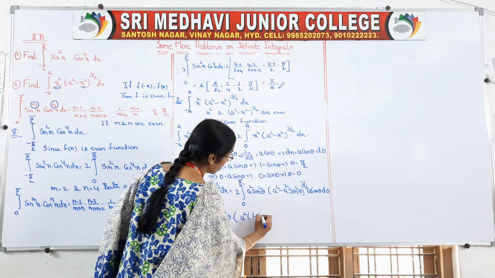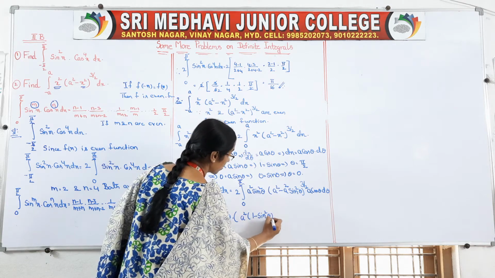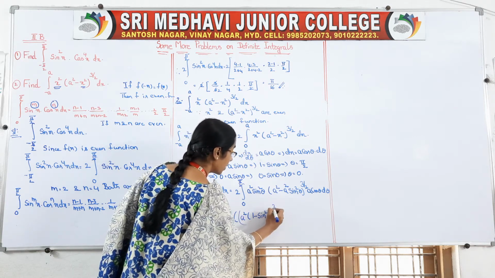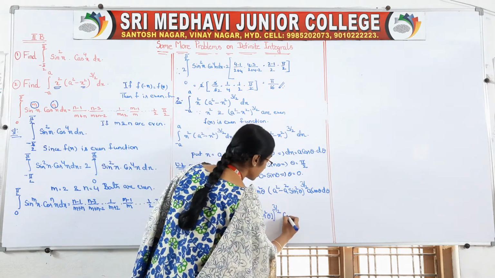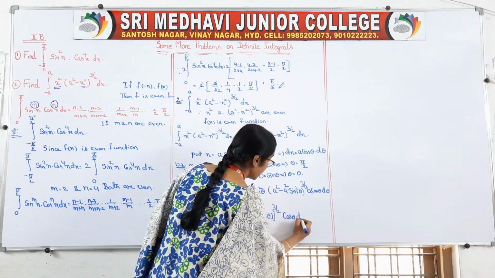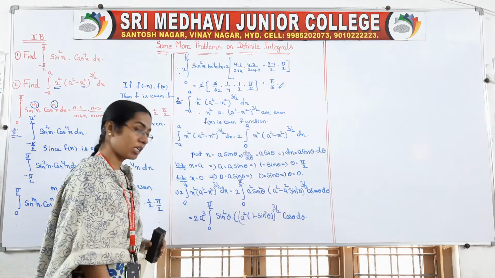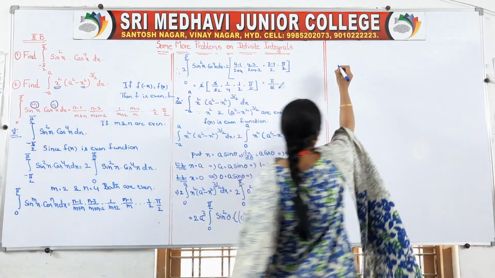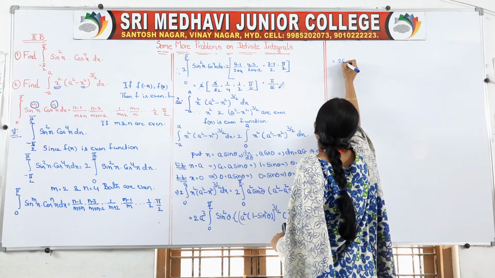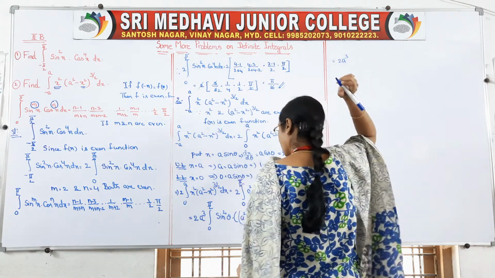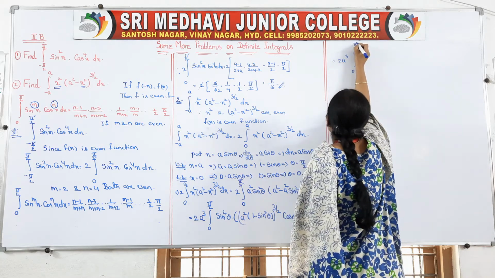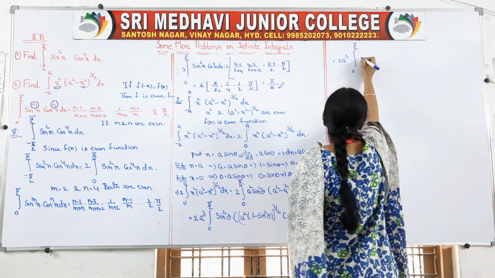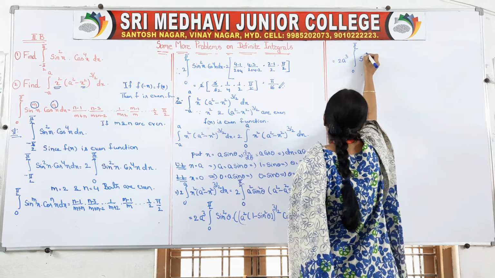Then it will be (1 minus sin square theta) whole to the power of 3 by 2 into cos theta d theta. So is equal to 2 into a cube, integral 0 to pi by 2 sin square theta.